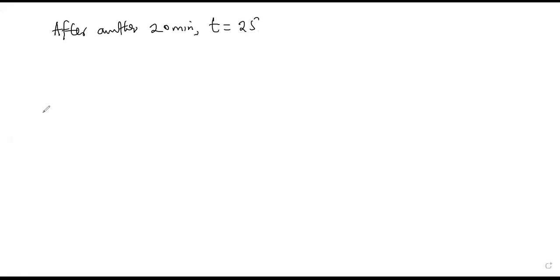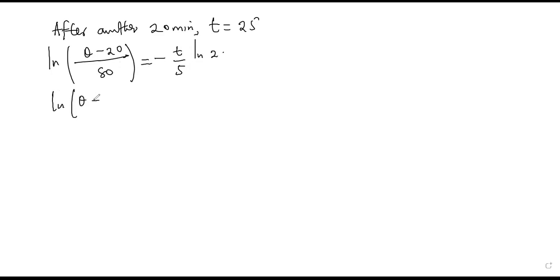So we can substitute in this expression where we had ln of theta minus 20 over 80 is equal to negative t over 5 ln 2.